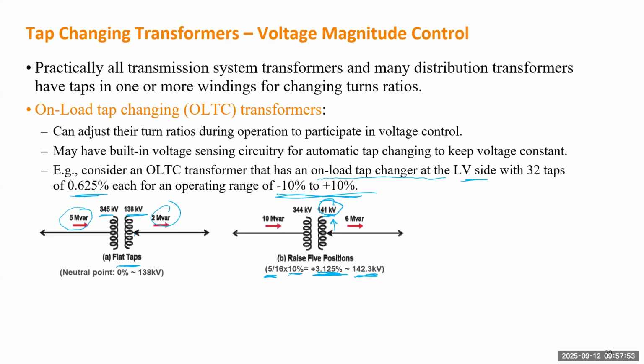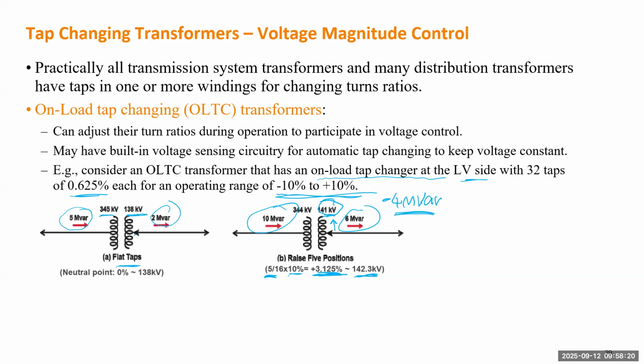The reason is that you do the subtraction of the input and output reactive power. So the 4 megavar of power is gone; that will be consumed by the transformer. When we increase the tap position, that increases the loading of the transformer. The transformer will consume 4 megavar more reactive power than the original condition.